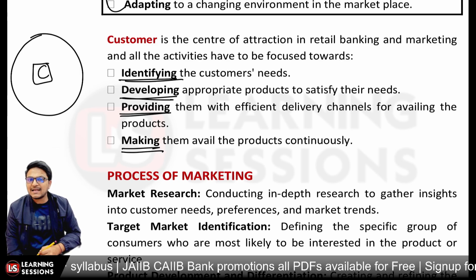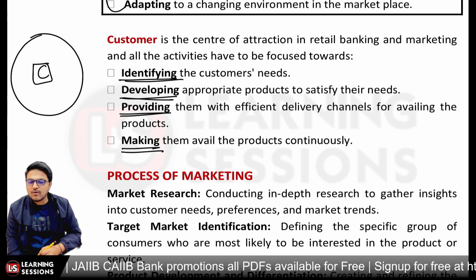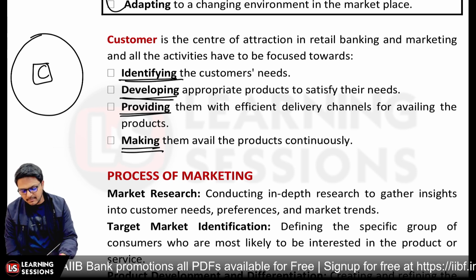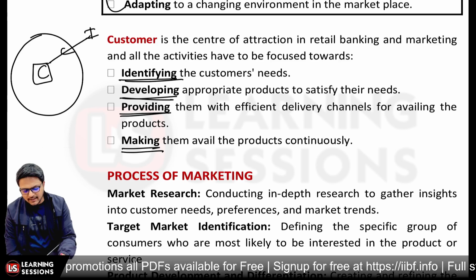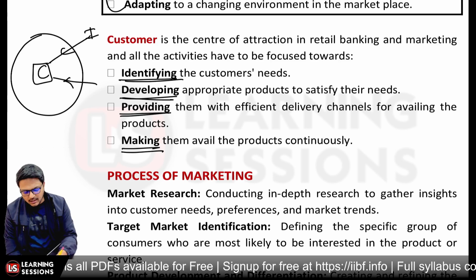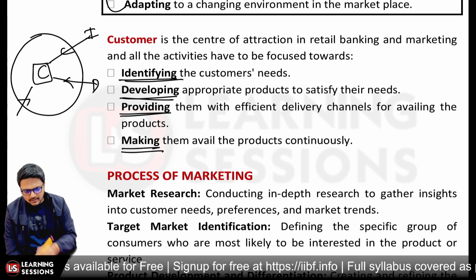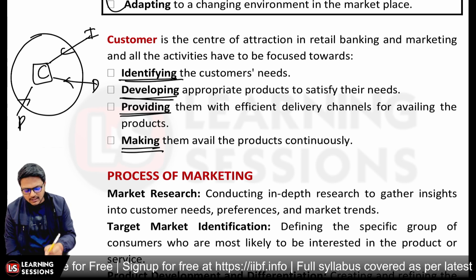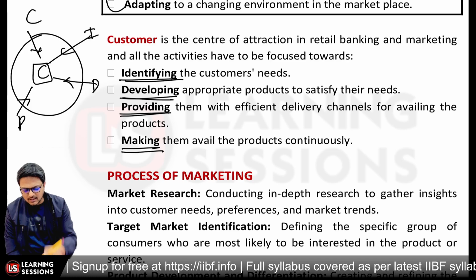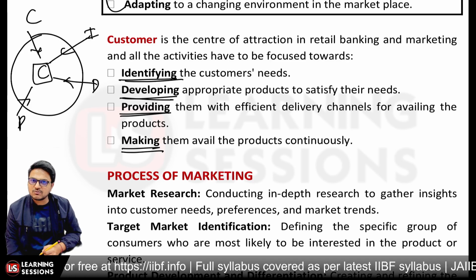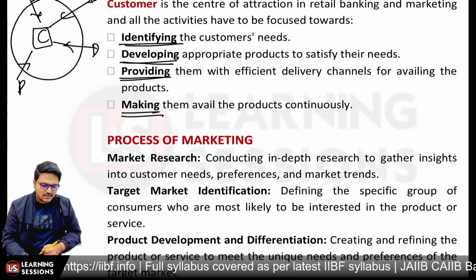That's actually related to the different functions involved around the customer. So the customer is the basic point. So we need to identify needs, develop the product, provide efficient delivery channels, and provide continuous access to that particular product to the customer, right? Now let's understand the process of marketing.